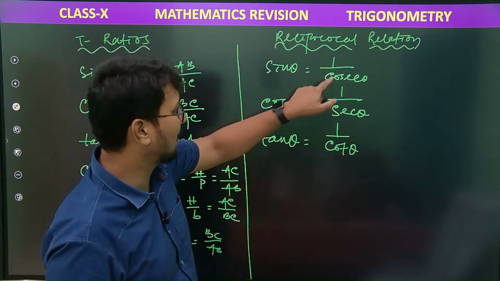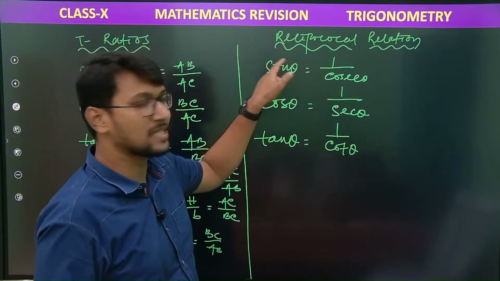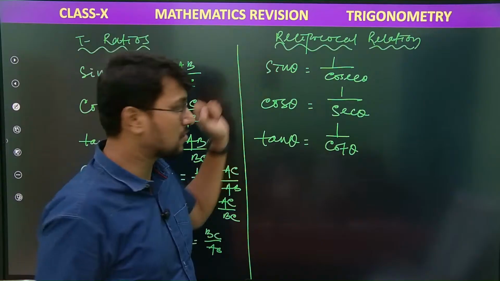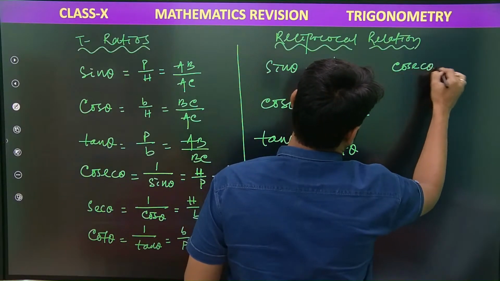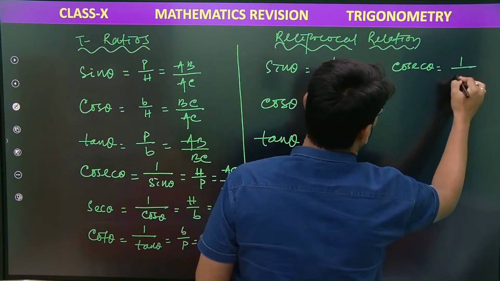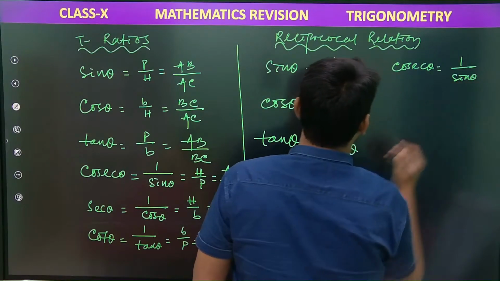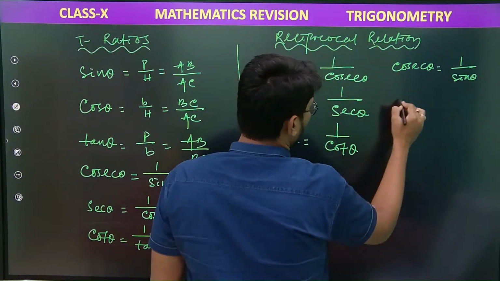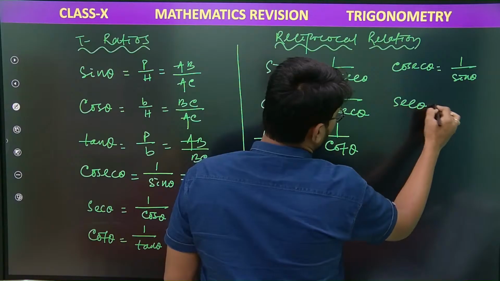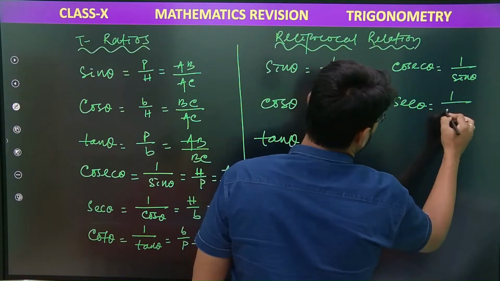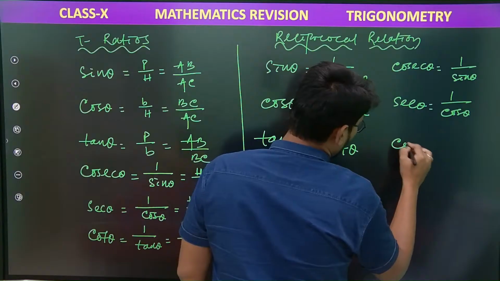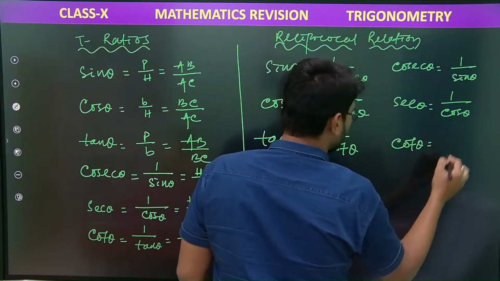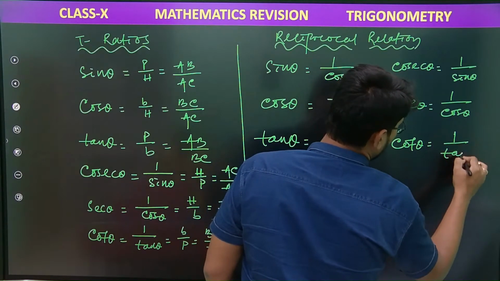Similarly, cosec theta equals 1 by sine theta. Sec theta is 1 by cos theta, and cot theta equals 1 by tan theta.